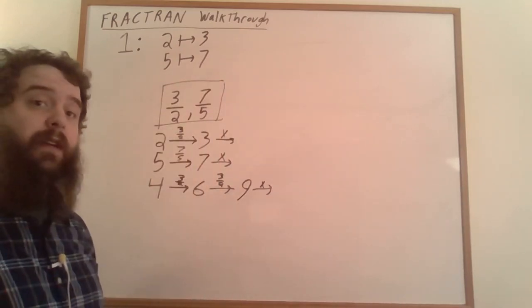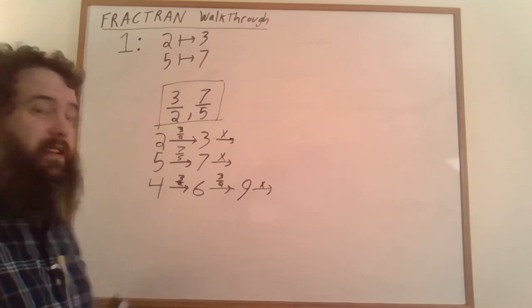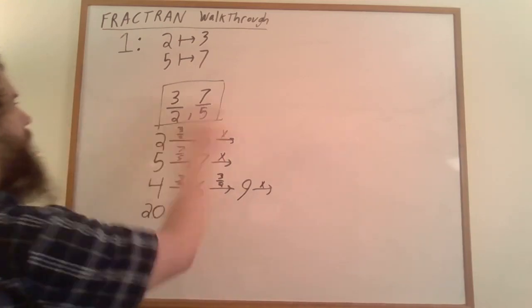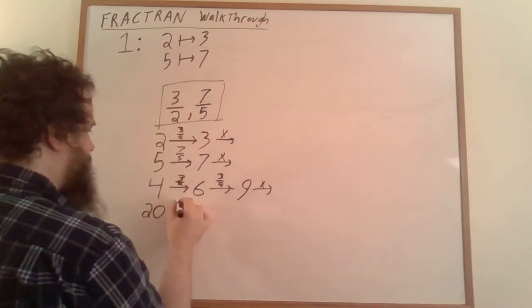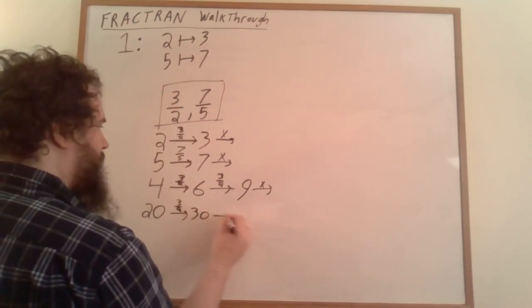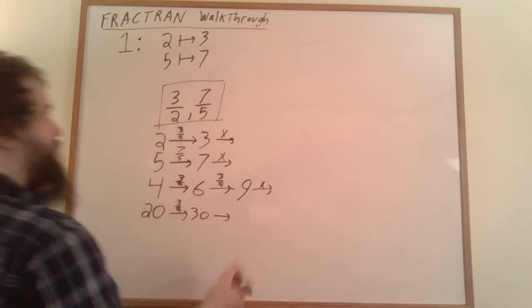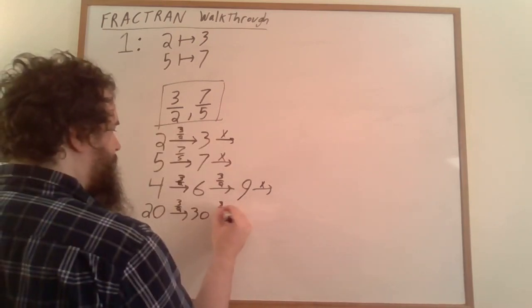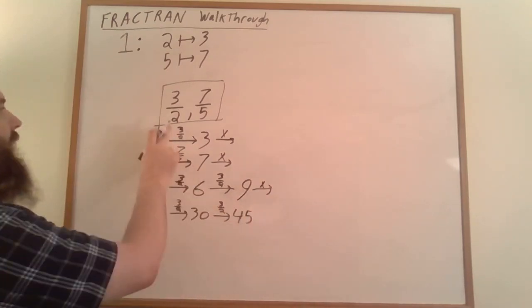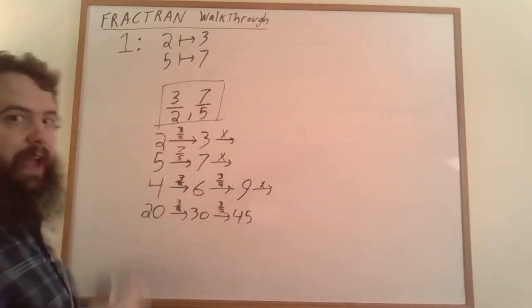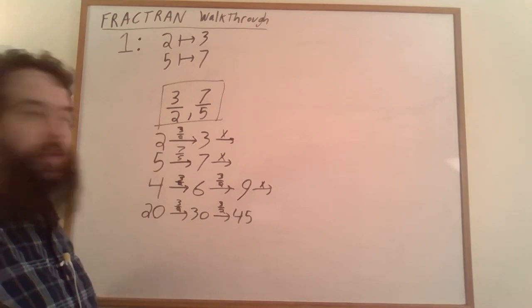Finally, let's take a look at what happens if we input 20 into this program. Well, 20 is divisible by 2, so we can multiply by 3/2 to get 30. 30 is divisible by 2, so we can multiply by 3/2 to get 45. 45, we can't multiply by 3/2. 45 is not divisible by 2.